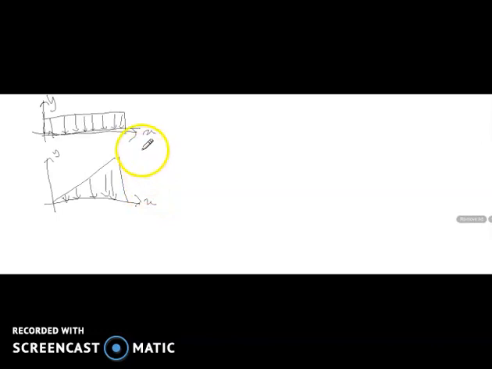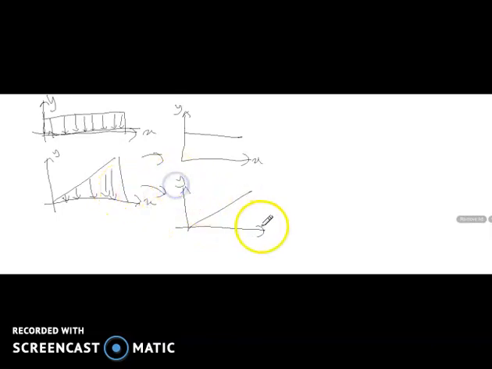We can represent this like this. This actually shows a curve on a graph, like this one and this one. This is a constant graph, and this one is a linear graph.